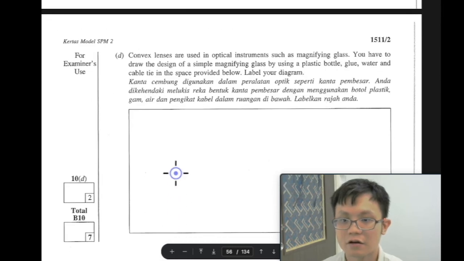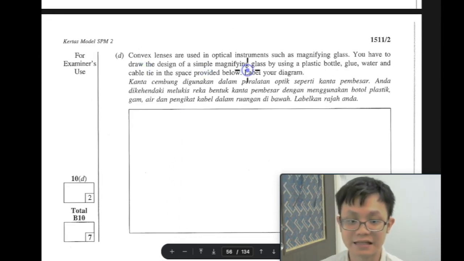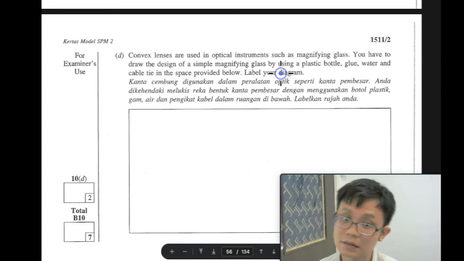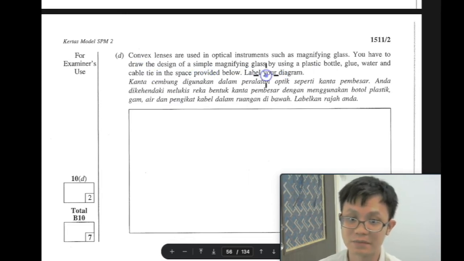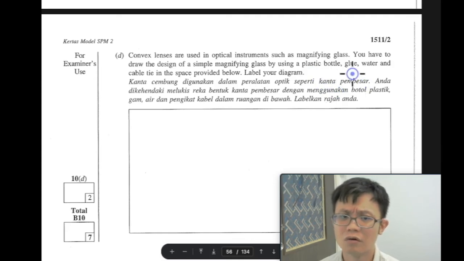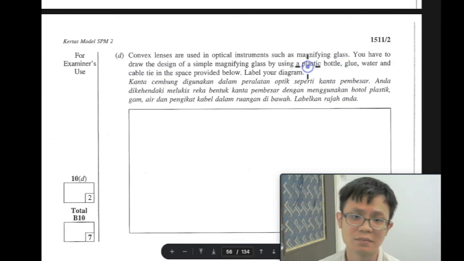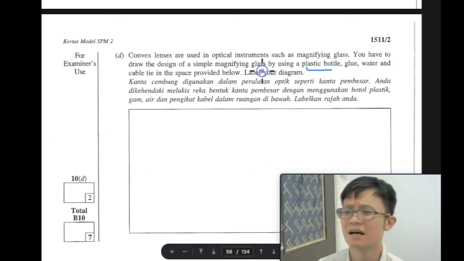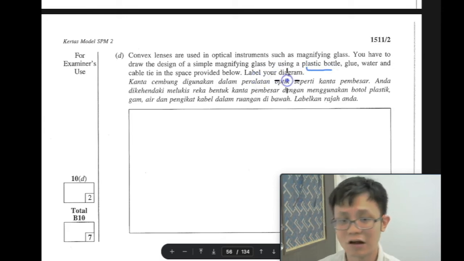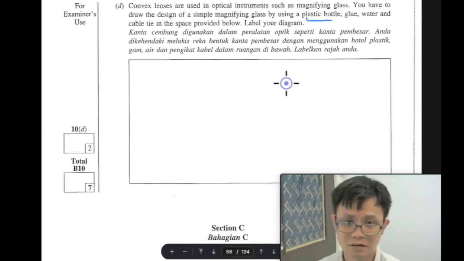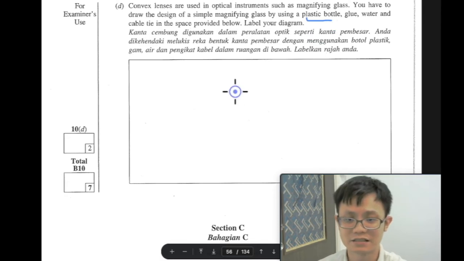Okay. Convex lens is used in optics as a magnifying glass. You have to draw the design of a simple magnifier using a plastic bottle, glue, water, cable tie in the sphere. So now you have a bottle and you want to make a magnifying glass. How to make a magnifying glass with a bottle? Maybe you just draw lah.